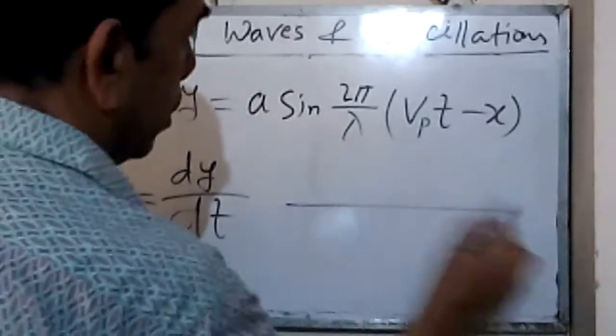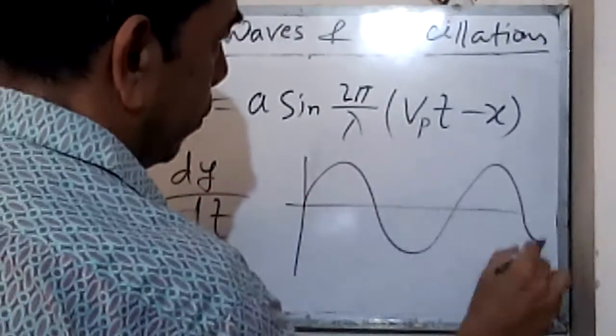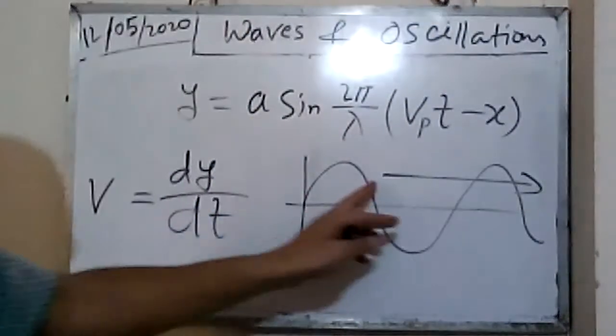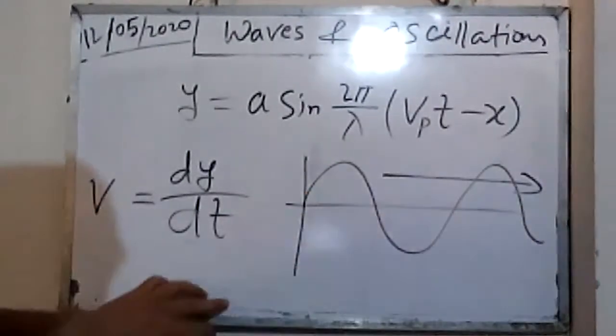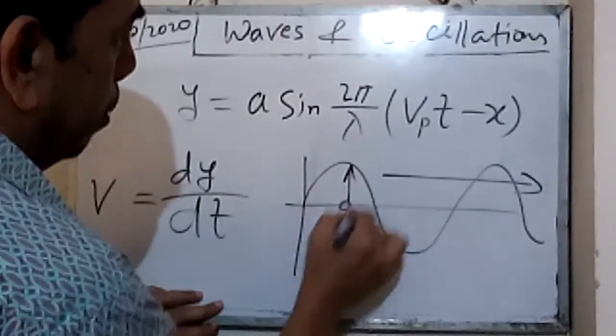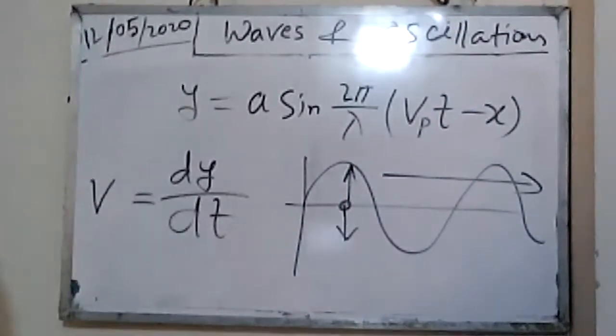Suppose this is the wave. The wave moves forward, but the particle moves up and down.